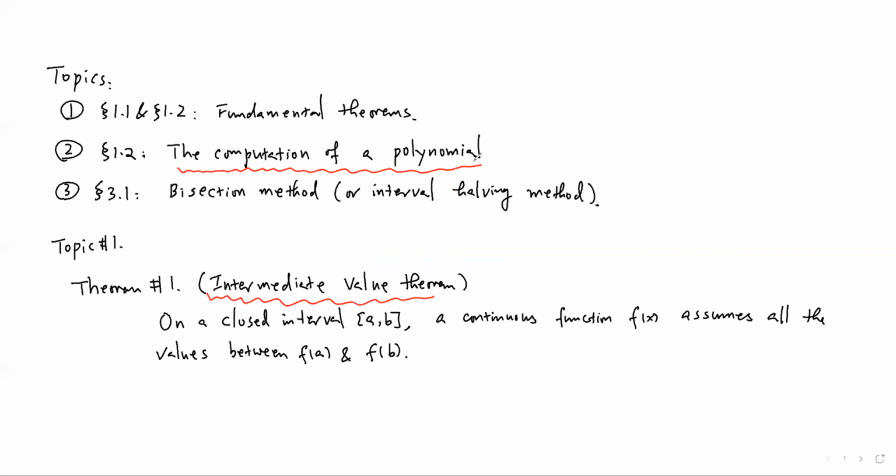The algorithm's name is Horner's method, or synthetic division. Topic 2: an algorithm to compute a polynomial.